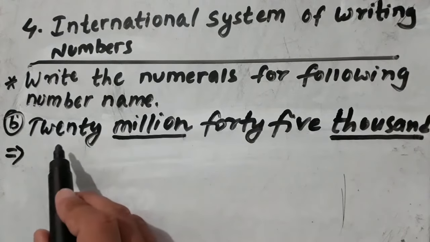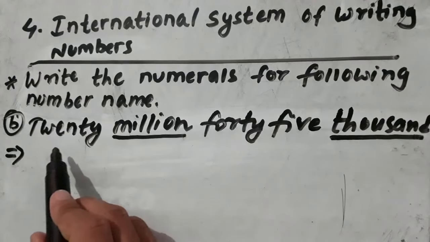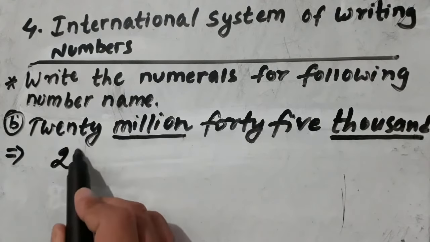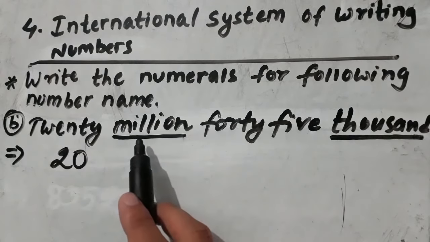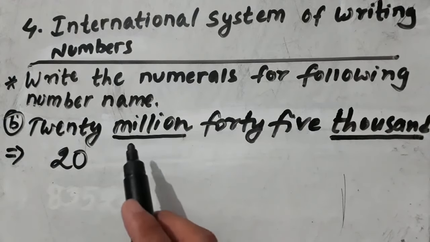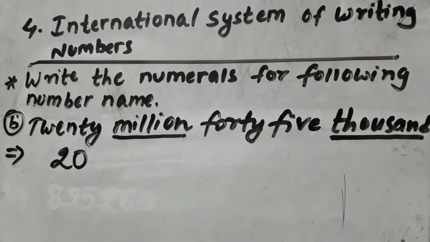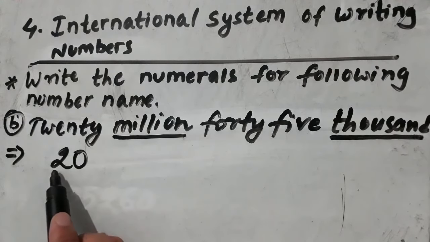Before million there is 20 students. 20 means 20. Now students, as we all know, the period of million consists of 3 places: million, 10 million and 100 million. This is the place of million, this is 10 million.